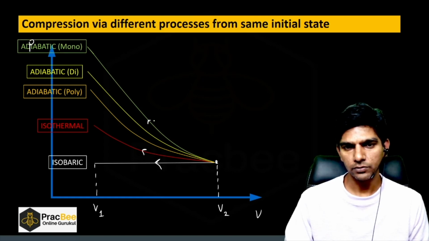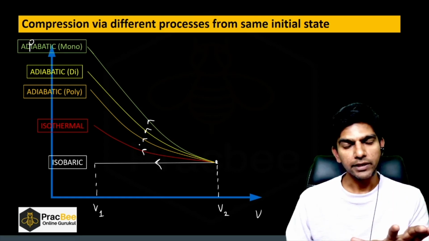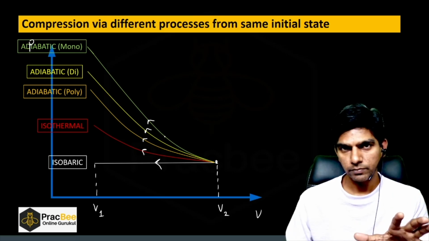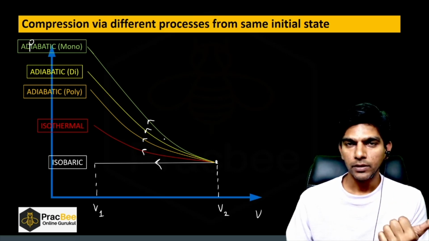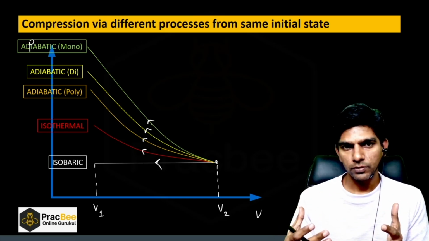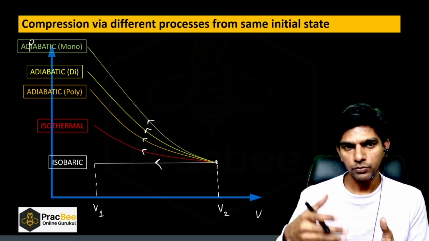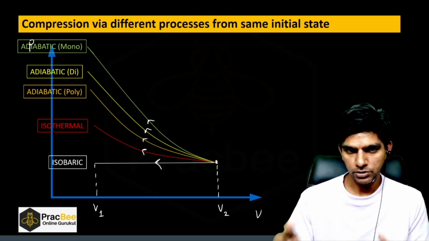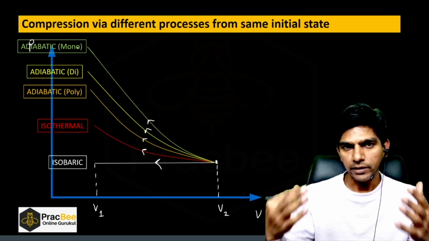So this is the curve. For the compression part, look at the areas again. The area under the adiabatic monatomic gas is greatest, but since there is compression, the work done will be negative. But if the question asks for the magnitude of the work done in different processes, the magnitude of the work done in the adiabatic monatomic gas will be greatest, because the area under the curve is greatest.